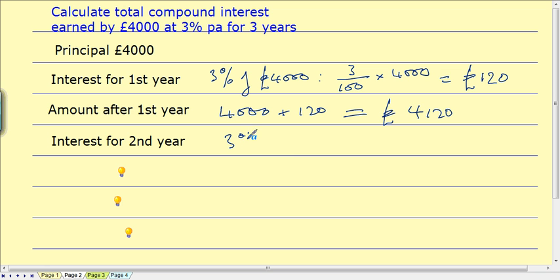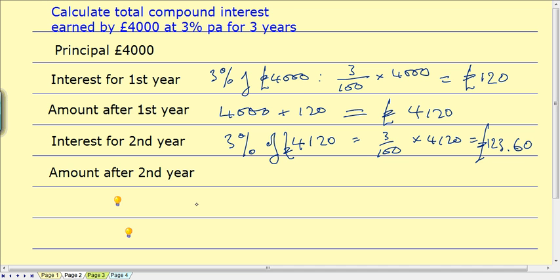So we gained 3%, not just of the 4,000, but of the whole £4,120. So it's just 3 over 100 times 4,120, and that means that in the second year we earn interest of £123.60.